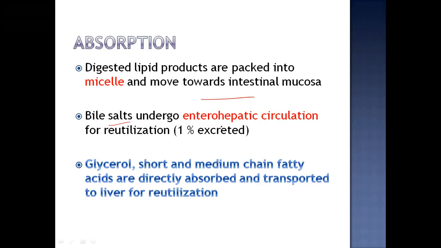Bile salts undergo enterohepatic circulation for reutilization. Now remember here, the glycerol and short and medium chain fatty acids can be directly absorbed and transported to the liver for reutilization. This particular process is mainly for the long chain fatty acids.